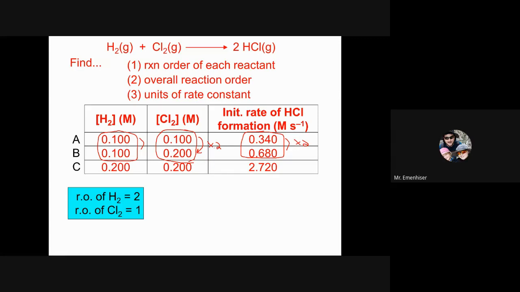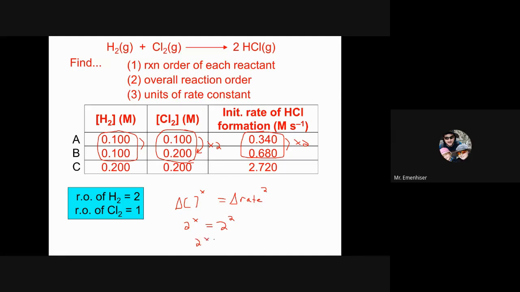So what I can do is I take the change in the concentration raised to some power, and I say that's going to be equal to the change in the rate. Okay, and so what goes in here? The change in the concentration is 2. So 2 to the x is equal to 2 raised to the 2. Okay, and so that's 4.